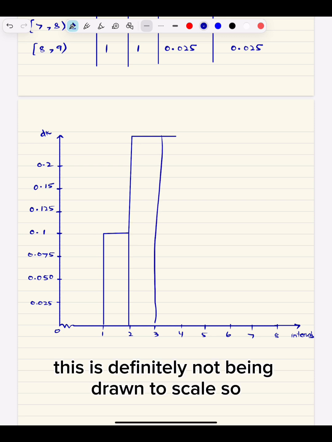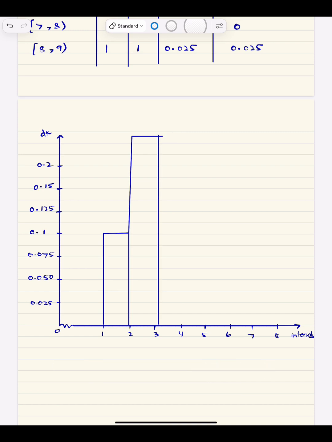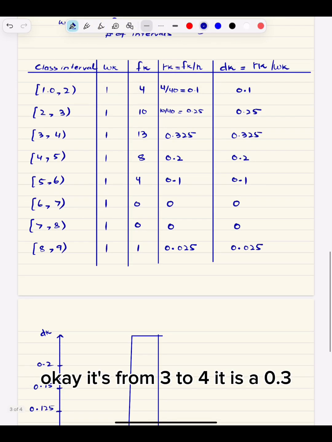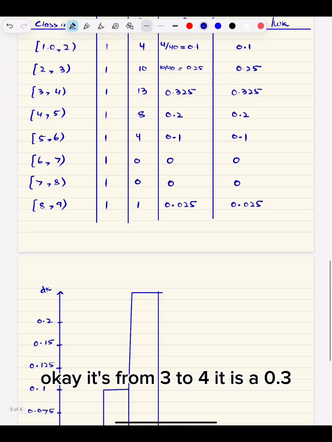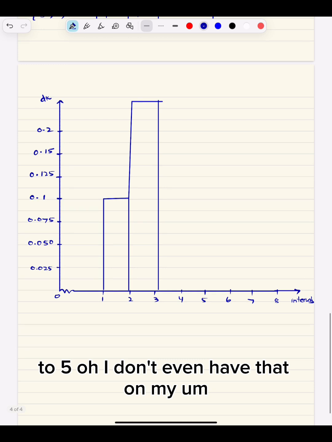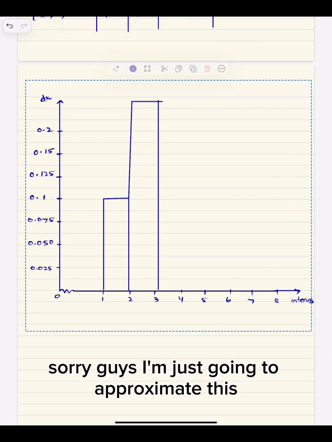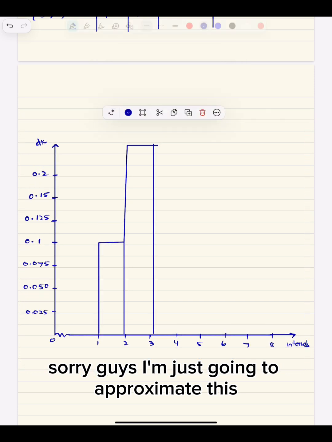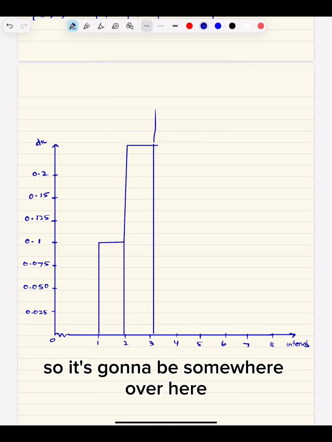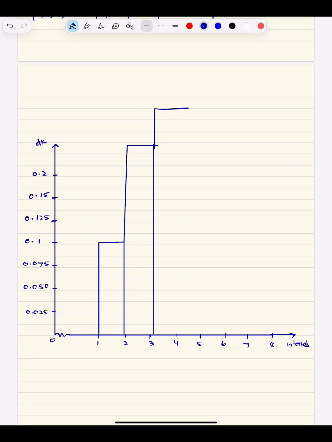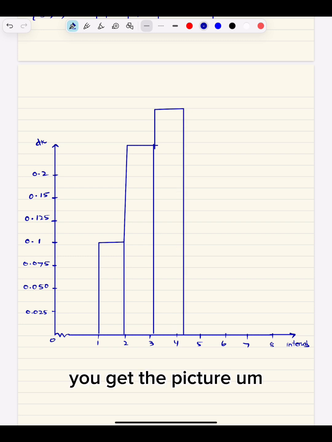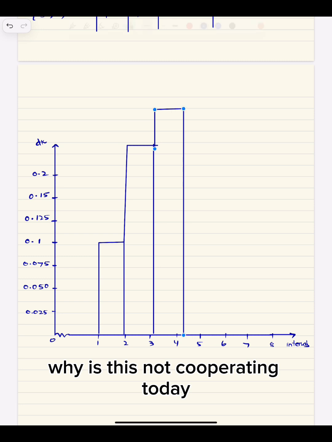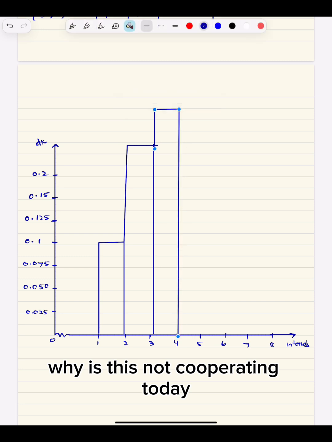This is definitely not being drawn to scale. Okay, it's from 3 to 4. It is a 0.325. Oh, I don't even have that on my scale right now. Sorry guys, I'm just going to approximate this. So it's going to be somewhere over here. You get the picture. Why is this not cooperating today?